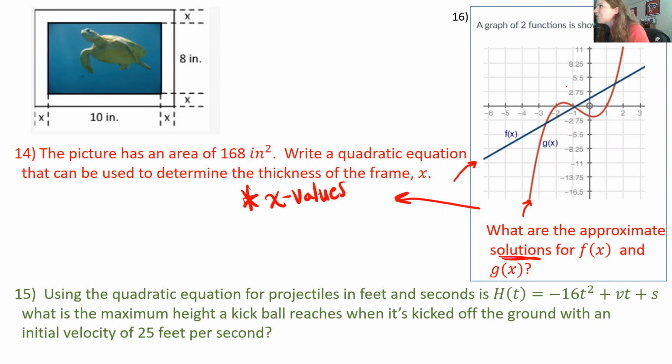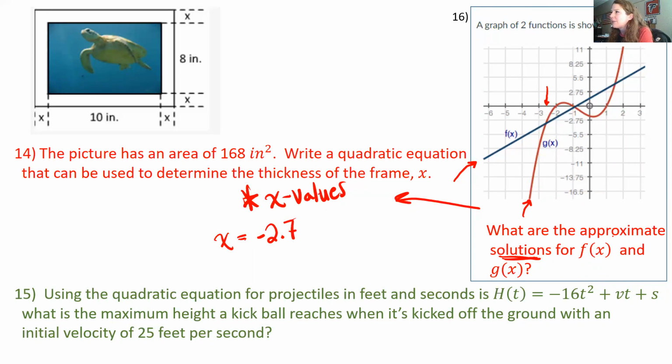So these intersect at about what? It's a little bit more than negative 2.5. So we would say x is equal to, I don't know, negative 2.7, maybe. Yeah, about negative 2.7.